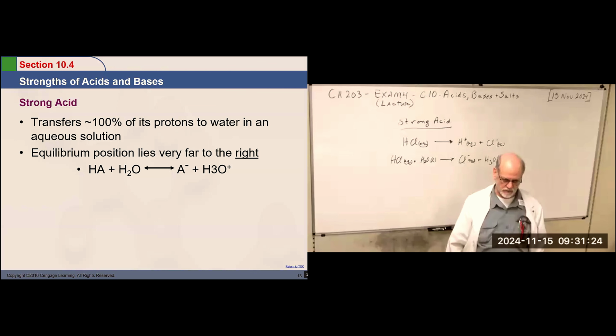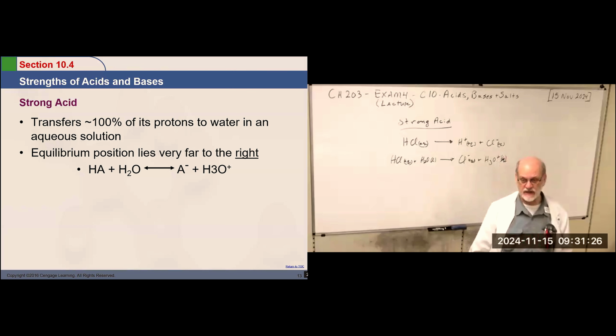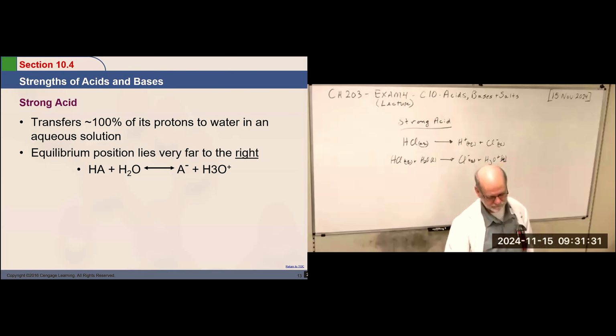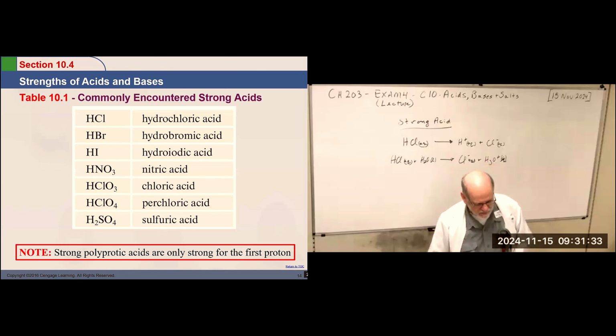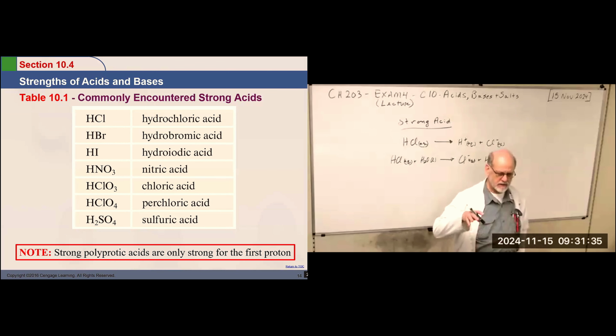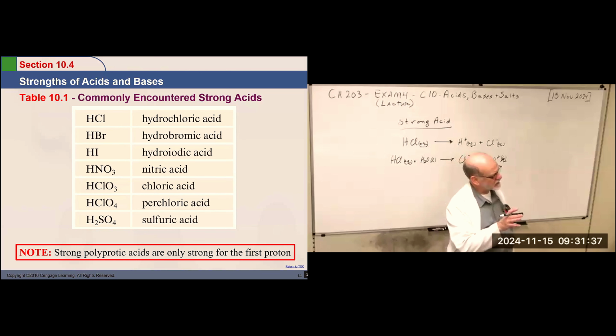It's a strong acid, essentially 100% ionization. Hydrochloric, hydrobromic, hydriodic, those halogens produce strong acids. Other examples: nitric acid, chloric acid, perchloric acid, sulfuric acid. And like I said, sulfuric acid is strong for the first proton only. HF is not a strong acid.